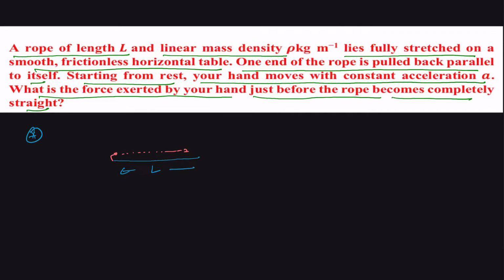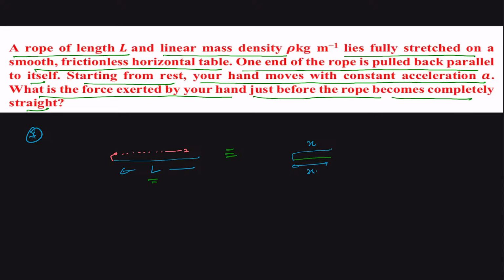Okay. So here it is given as L, but we are going to write a general equation with respect to x, and then we can easily convert this with respect to L. So suppose the length that is pulled back is x, then the length which remains to be pulled back is also x.